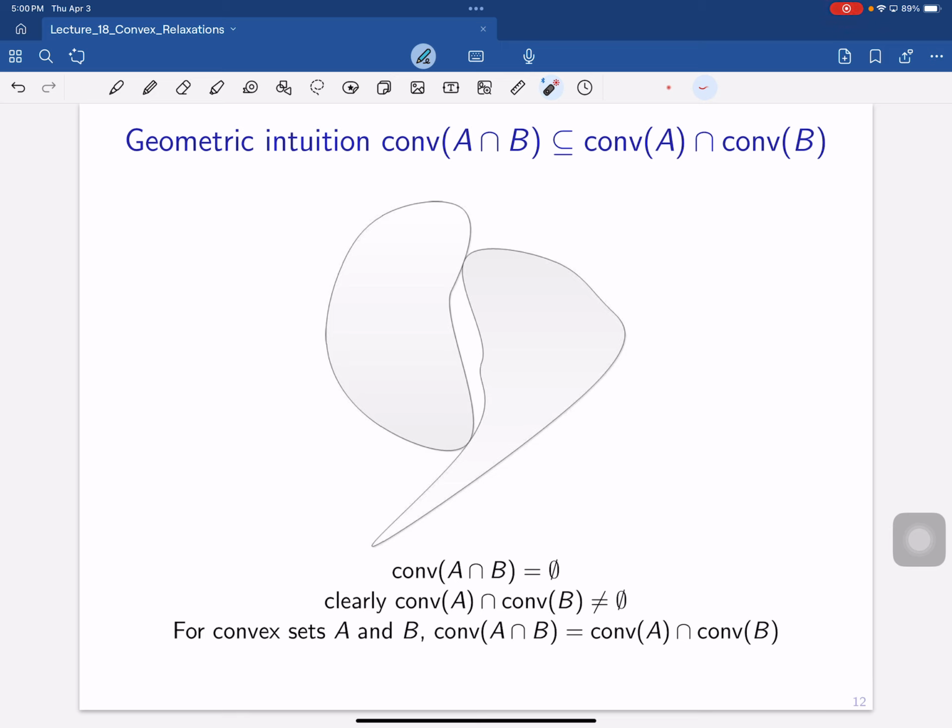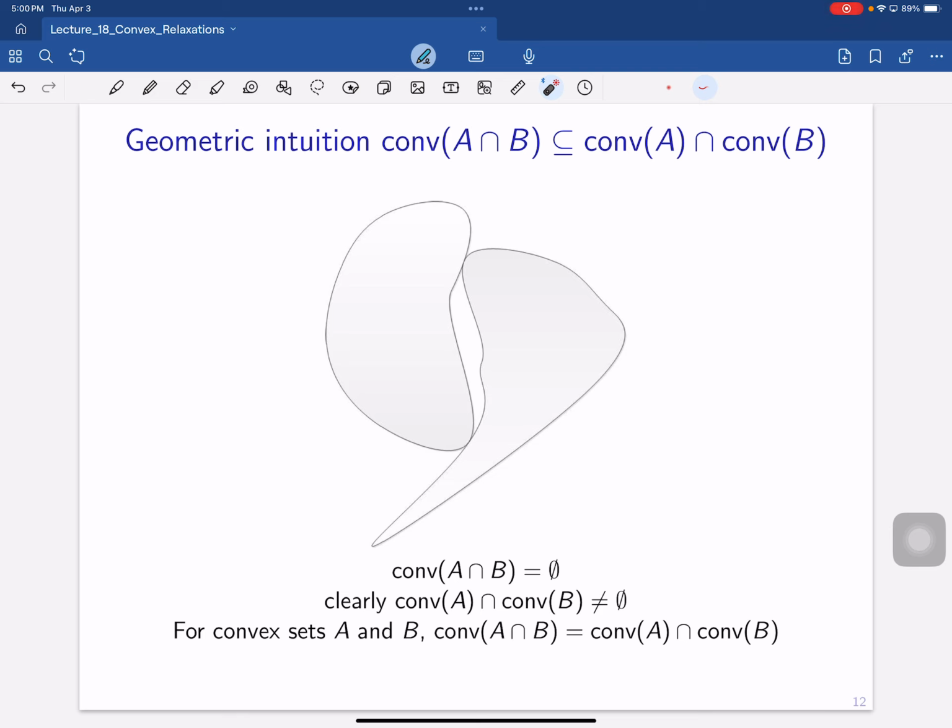Then the convex hull of the intersection of A and B is an empty set, because A and B are both non-convex, let's assume there's some distance here, they do not touch each other. So therefore the convex hull of the intersection of A and B is an empty set because the intersection is an empty set.